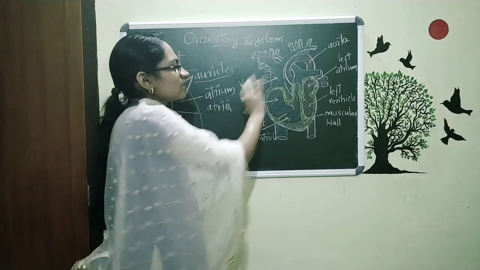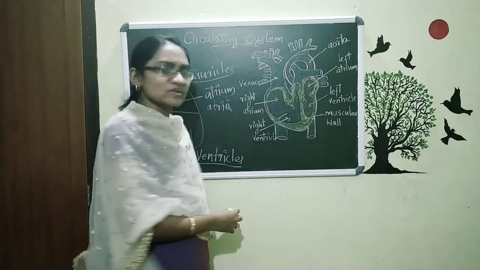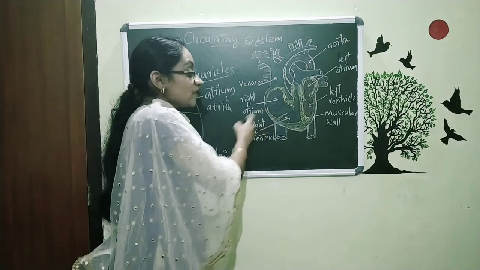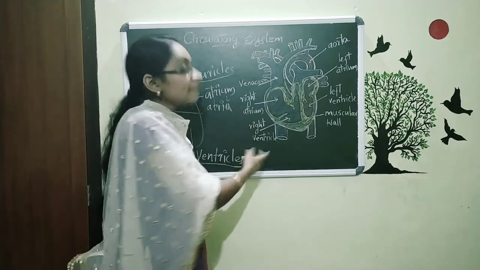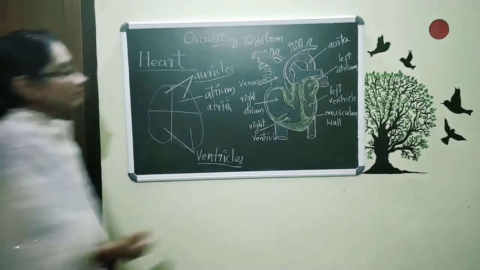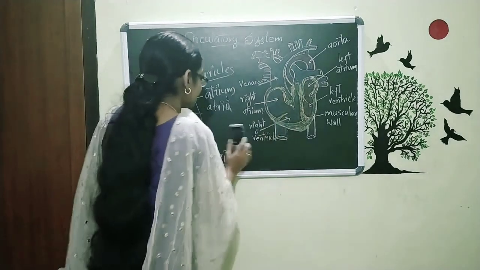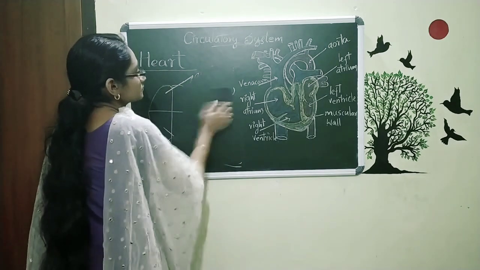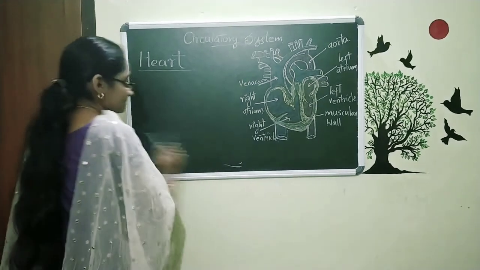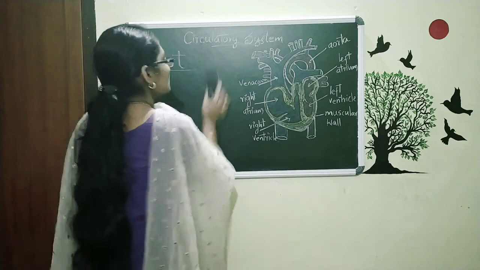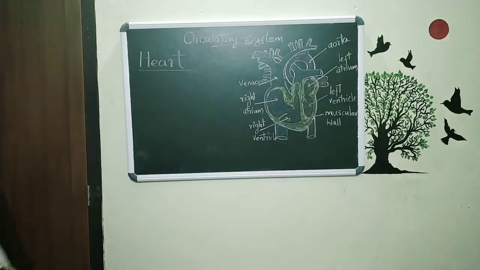So no need to study how to draw this, but you must study the names, meaning you have to label these parts. Now we are going to study the different names of the parts in our heart. So, this is the structure of our heart.